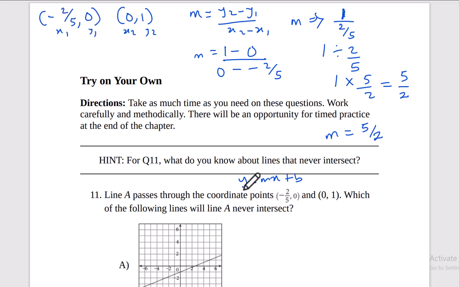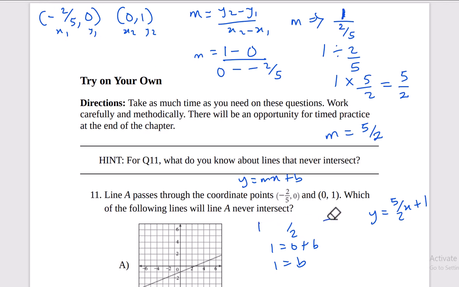So y is 1, equal to slope 5 over 2, times x which is 0, plus b. This times 0 is 0, plus b, which is b. So b is 1. So this becomes y equals 5 over 2 x plus 1. This is what our equation will look like.